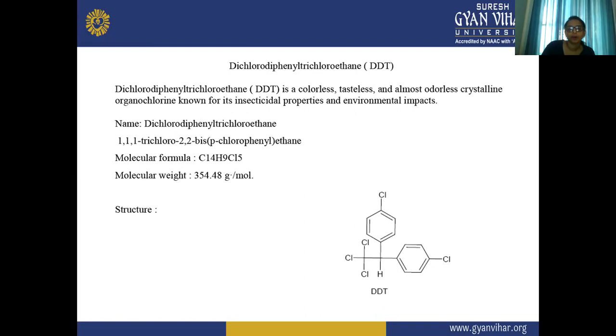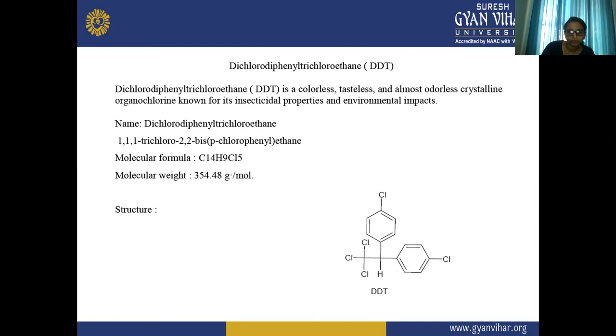So the first compound is DDT. The full form of DDT is diphenyl trichloroethane, and diphenyl trichloroethane is a colorless, tasteless, and almost odorless crystalline organochlorine known for its insecticidal properties and environmental impacts.